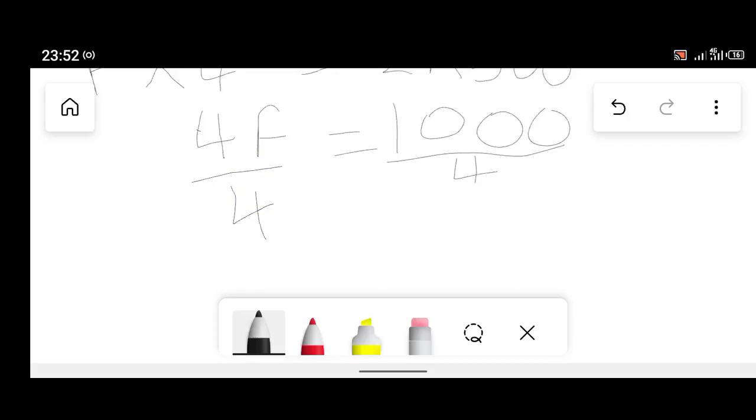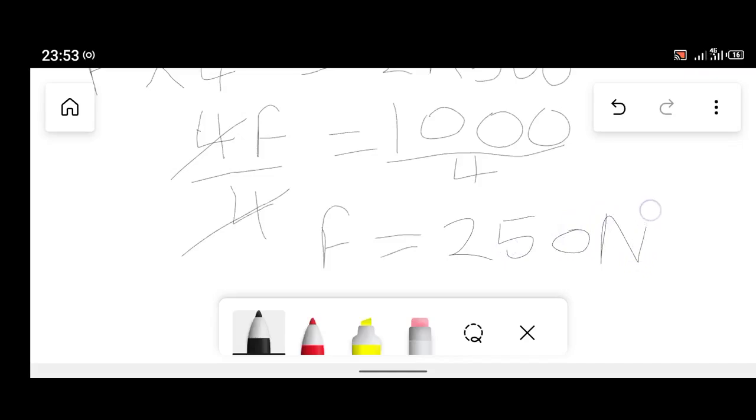Okay, so 4 into 4, this one cancels, this one cancels as well. F is the missing force, or the balancing force. So when you divide 1000 by 4, you're going to get 250 Newton as your balancing force.